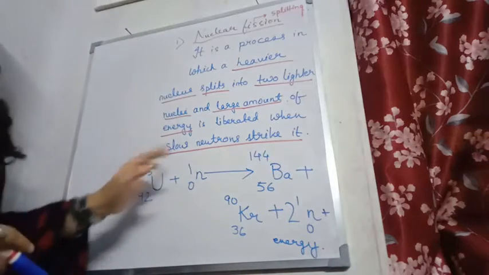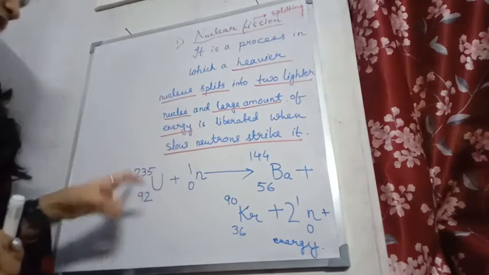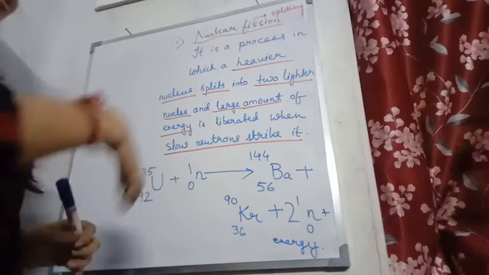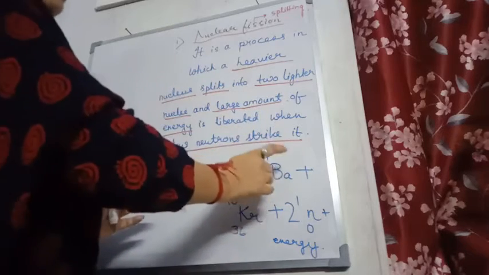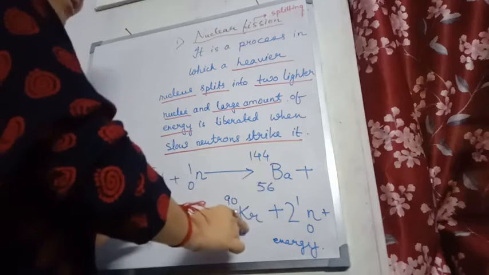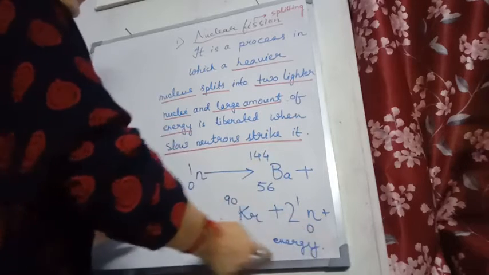On the left hand side we have uranium 235 92 and 1 neutron. On the right hand side, we get barium, krypton, 2 neutrons plus the energy.